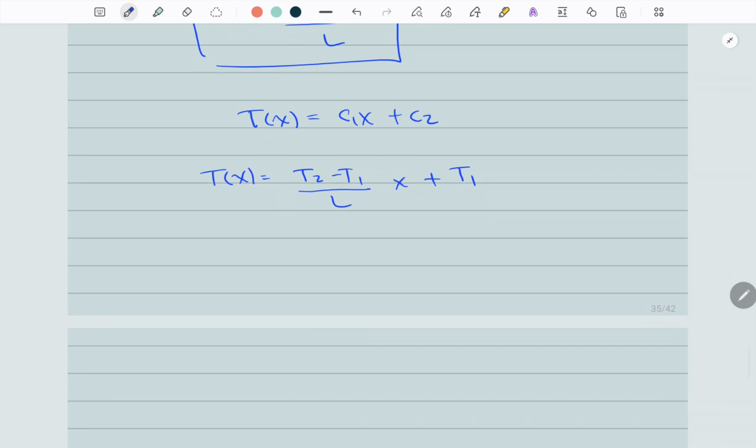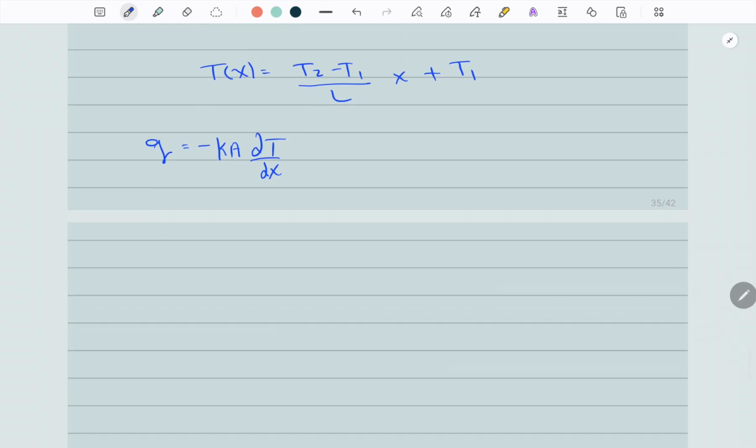We can use that when solving for the heat transfer throughout the wall, which is conduction. The equation is negative kA dT over dx, as we reviewed in chapter 1.